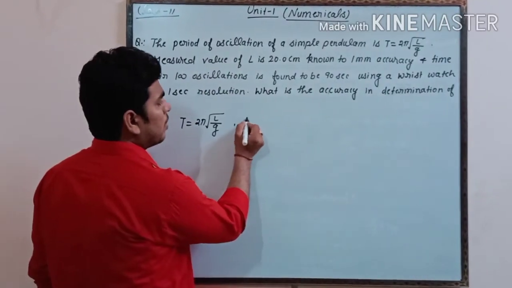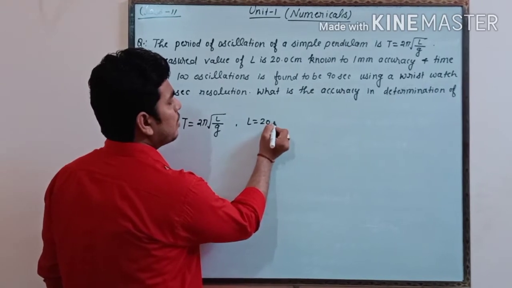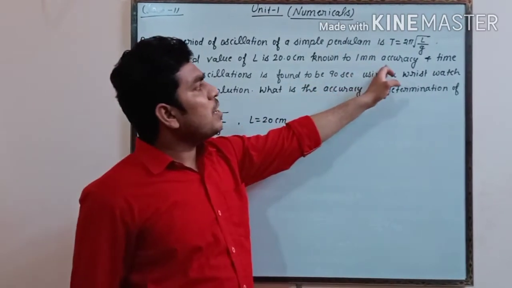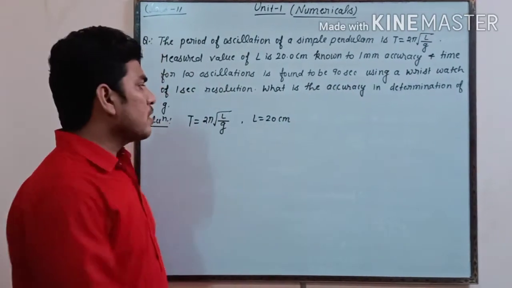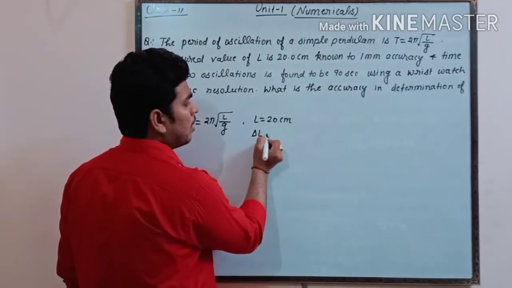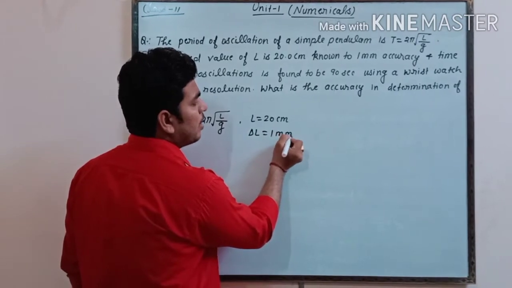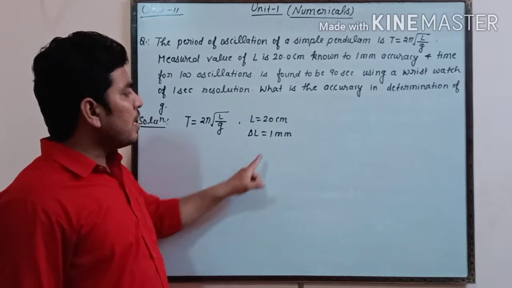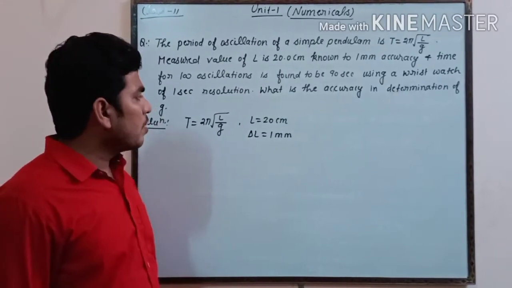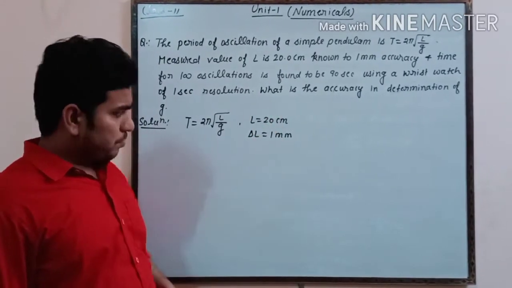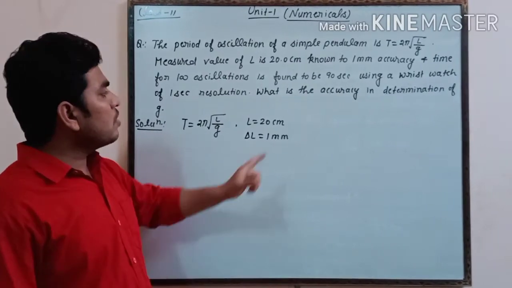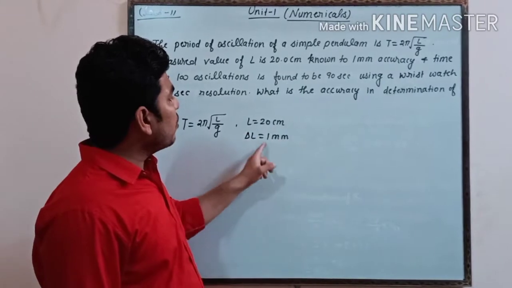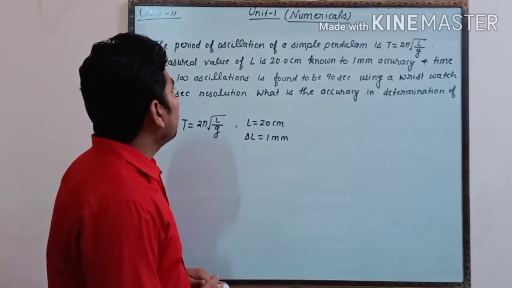It means L is 20 centimeter, known to 1 millimeter accuracy, it is delta L, 1 millimeter. This is in centimeter and this is in millimeter. We have to convert in one single unit. Either we have to convert this into millimeter or this into centimeter.